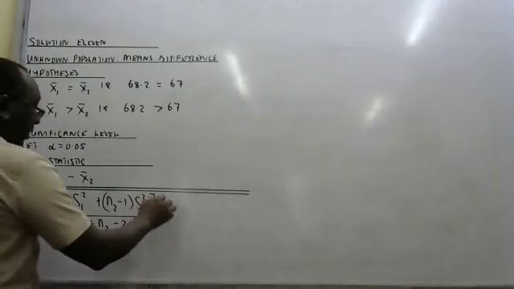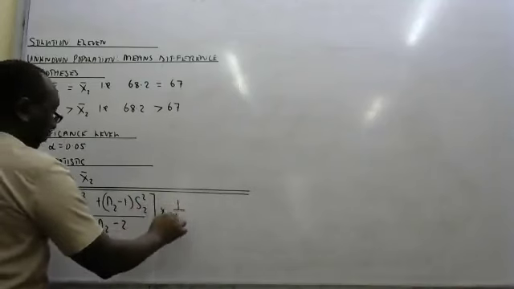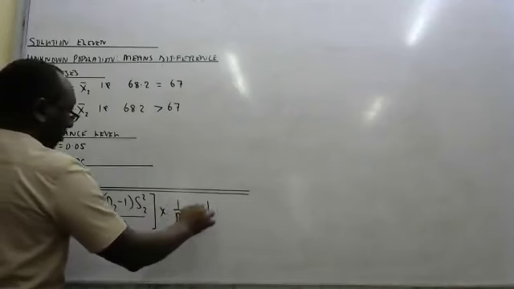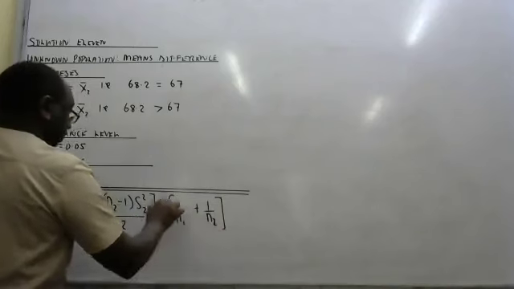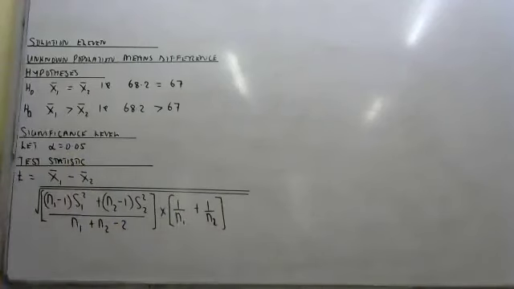You multiply this by 1 out of n1 plus 1 out of n2. That is how you get it.